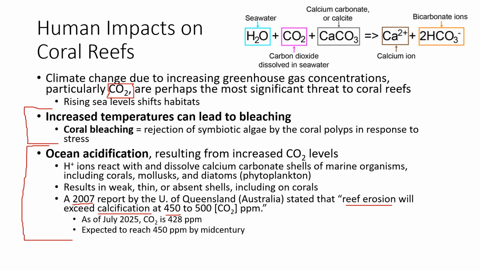We're at 430 right now in August of 2025. So that's huge. That's impending, right? We're expected to hit 450 parts per million CO2 in the atmosphere by mid-century. So that is definitely going to devastate coral reefs, along with the bleaching and rising sea levels.